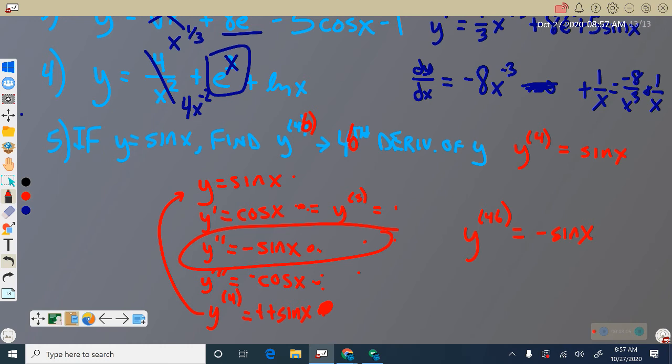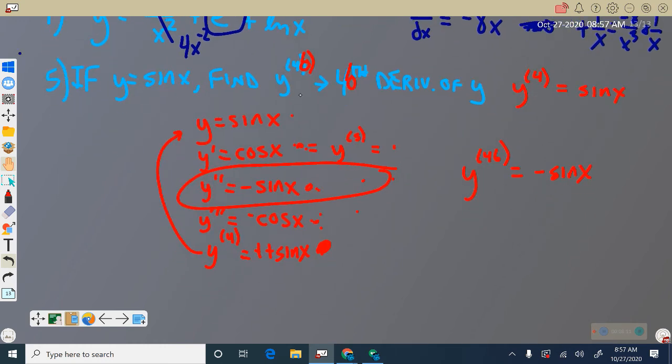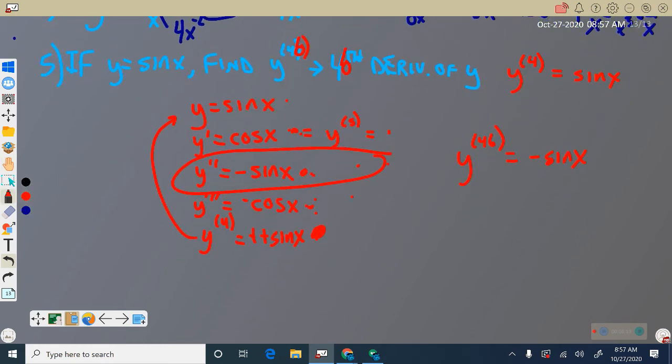Okay, so that's just a way that you can see the cycling of some of these transcendental derivatives, especially with sine and cosine. The other fun one that I've seen done before is, okay, what is the 1,000th derivative of e to the x, and what's the 1,000th derivative of x to the 999th?